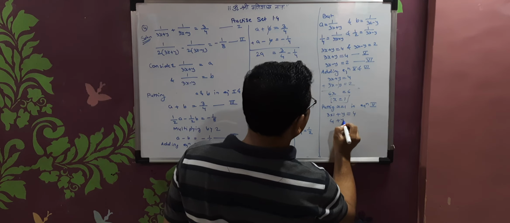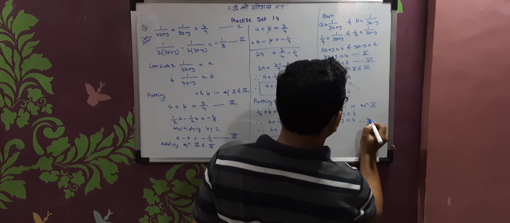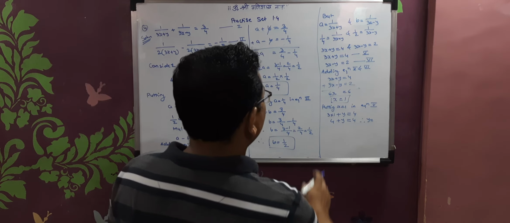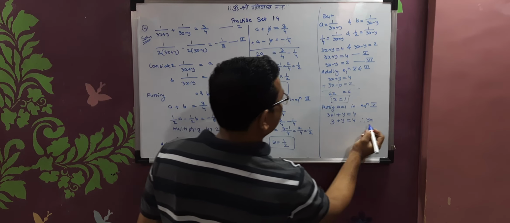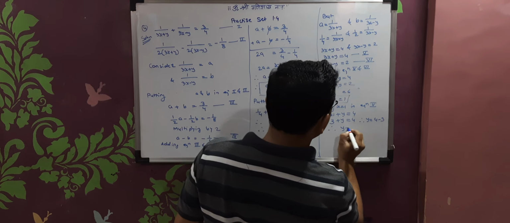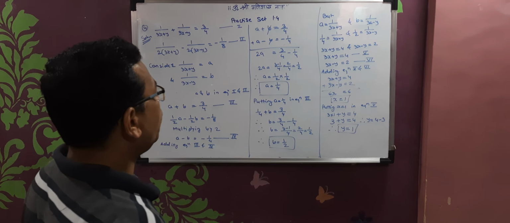So 3 plus y is equal to 4. So 3 ones are 3. So y is equal to 4 minus 3. So y is equal to 1. So value of x is also 1 and y is also 1.